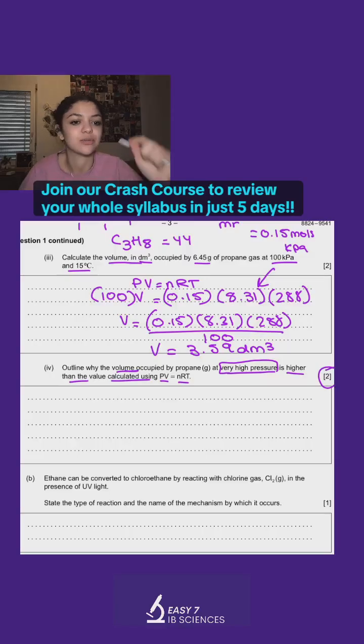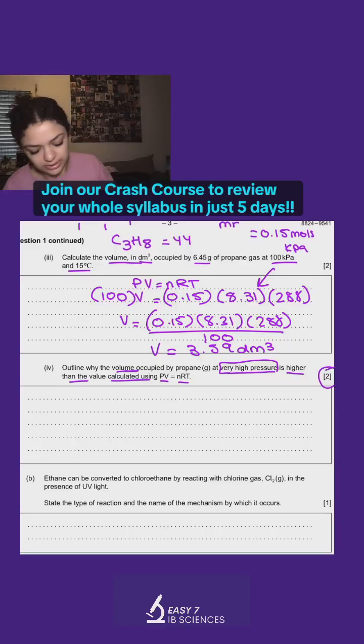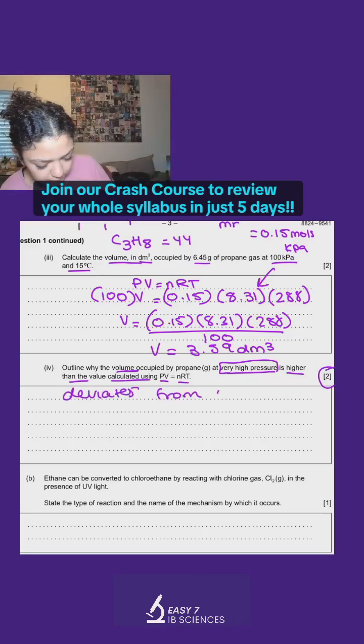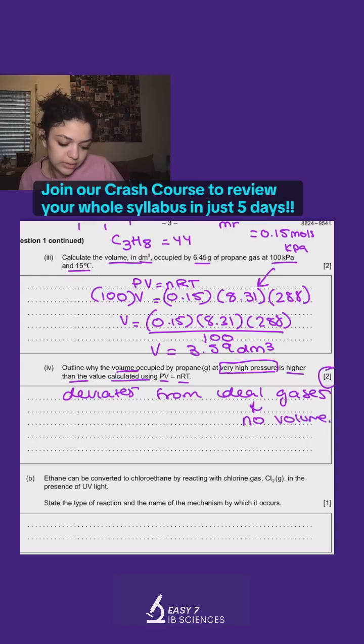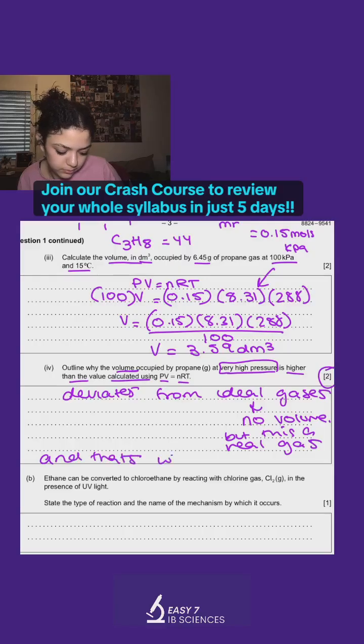Perfect, Patrick. Exactly. So you've mentioned first that, of course, it deviates from ideal gases, and that's 1 mark. And then you just have to explain what it means that it deviates from ideal gas. You just say that ideal gases generally have no volume, but this is a real gas, and that's why the volume is greater.